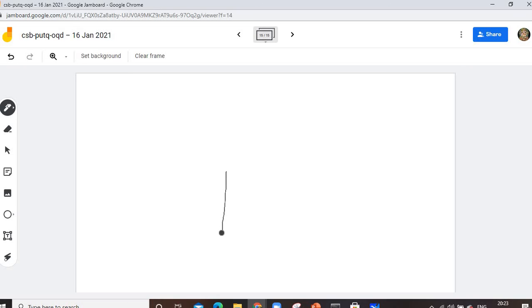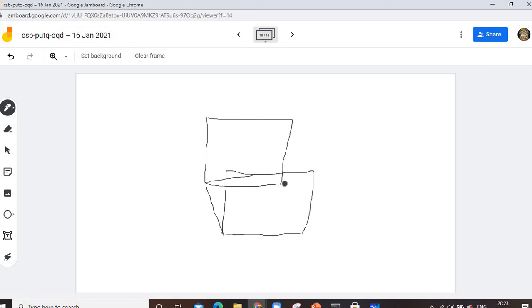You can understand it better. For example, this is one thing, and I am trying to create a three-dimensional figure.